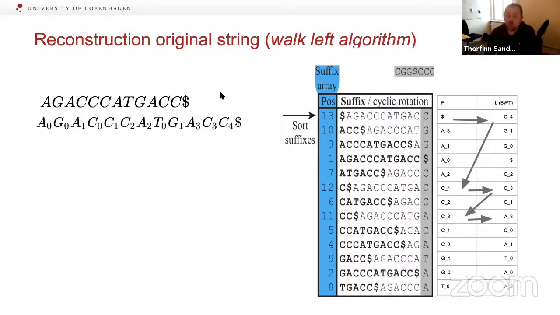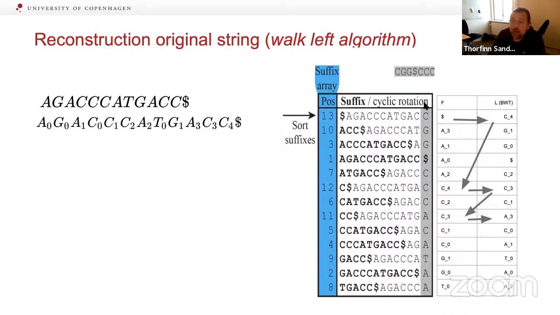So I said before that if we wanted to know what came before a character of our original string, then we could look at what was in the Burrows-Wheeler transform column of our matrix. So if we want to reconstruct the string, we do this from the end of the read. We start here with this symbol. What comes before this one? Then we look at what we have here. That's a C. But we need to figure out which C it is.